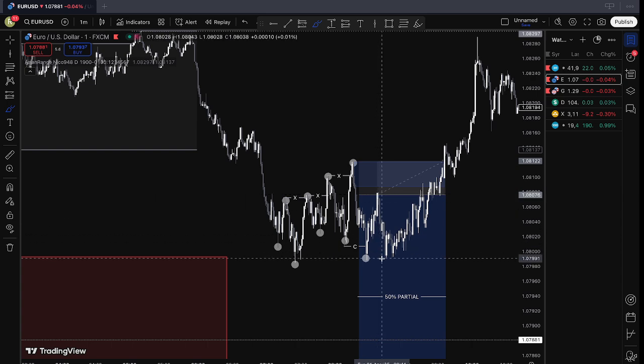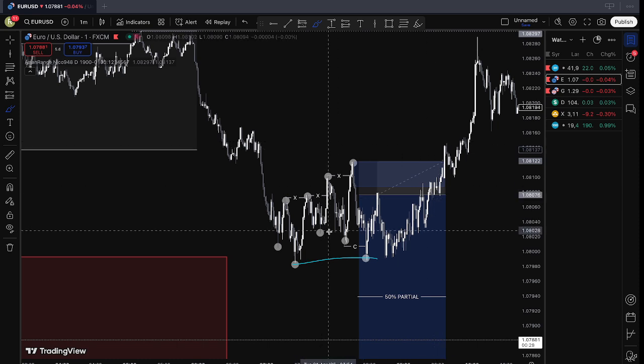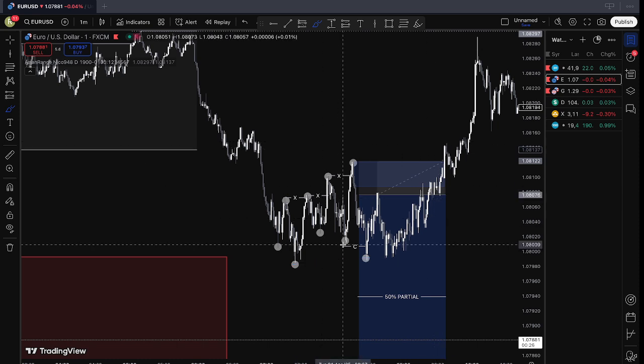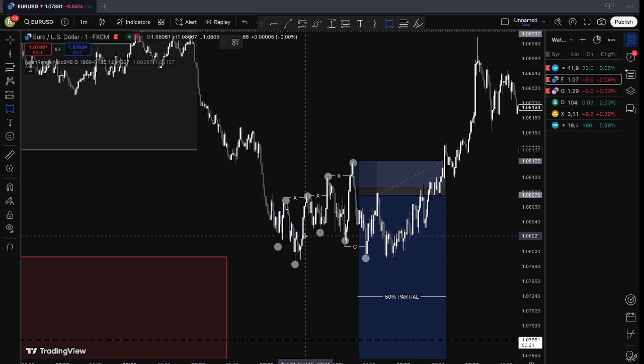We ran 2R, but it didn't break this low. You can see it held, and then it reversed on me and stopped me out for 1%, which was quite annoying.